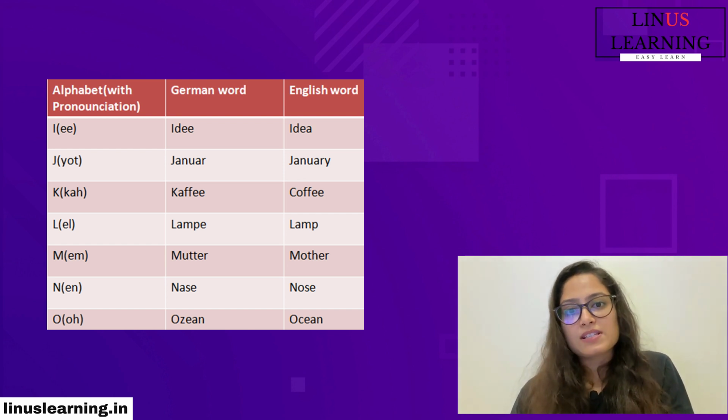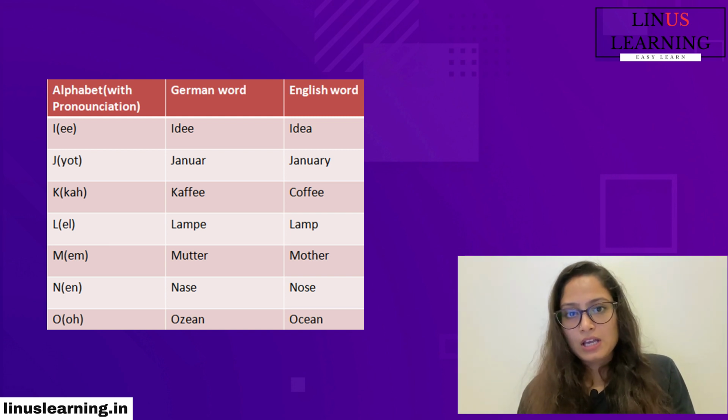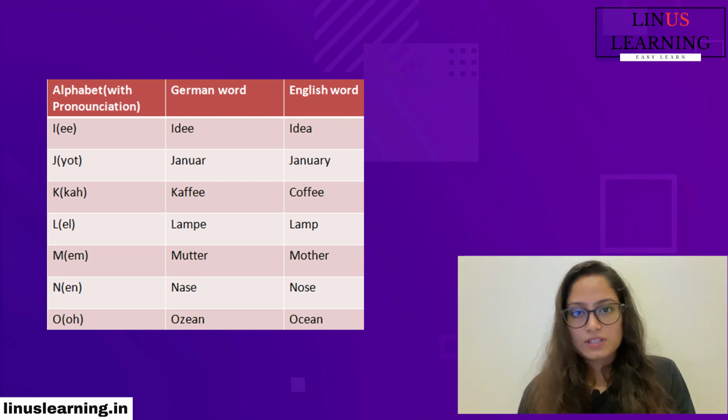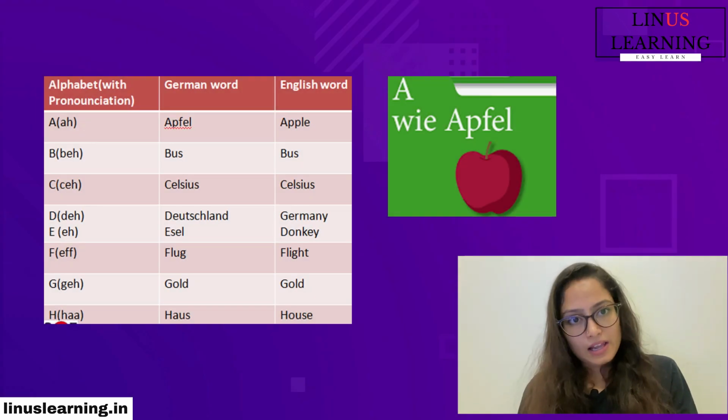K is pronounced as ka, okay. L is same as L. So I'll repeat. I is E, J, yacht, K, ka, L, L. Once again, E, yacht, ka, L. Okay, let's take it from the beginning.